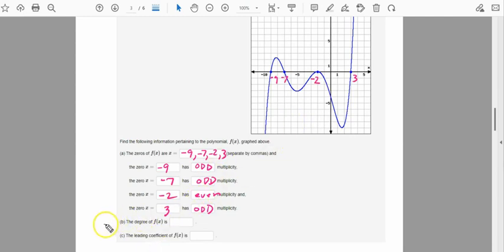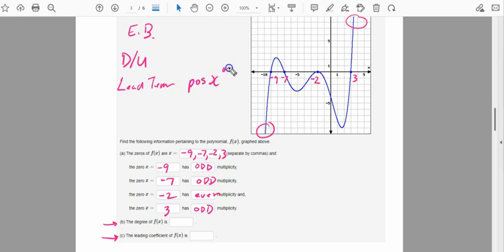Now, what else can we say if we're going to try and answer these questions? Well, what does the end behavior have? It has end behavior down up. Now, if it has end behavior down up, so this is from a previous lesson, what is the leading term? Well, the leading term is a positive number times x to an odd power.